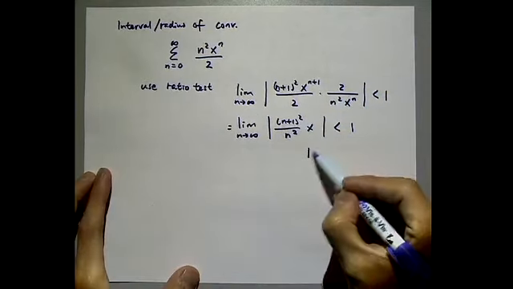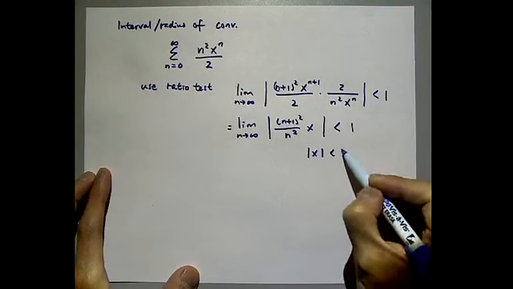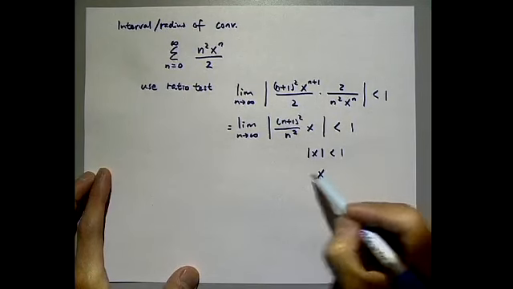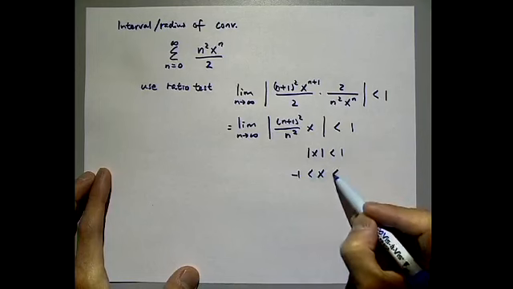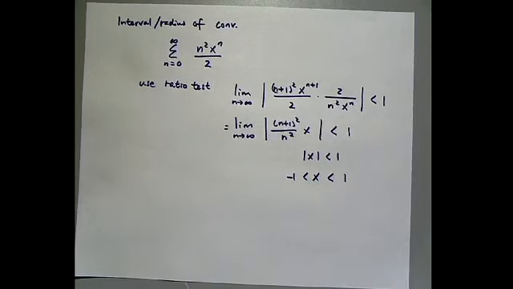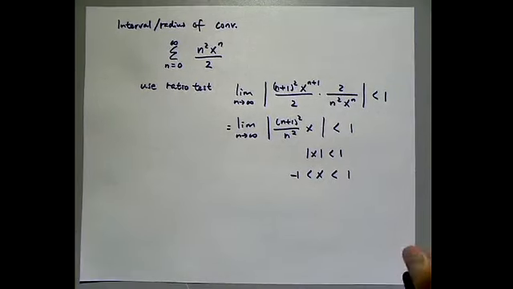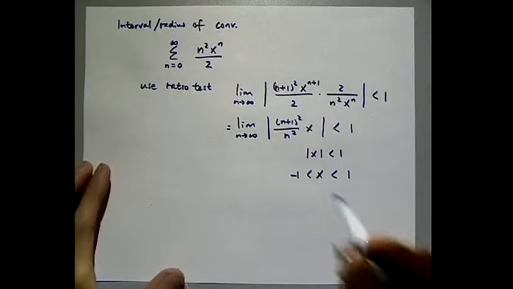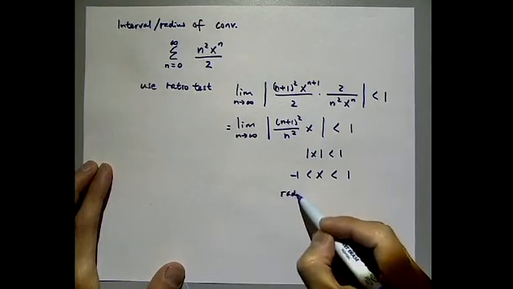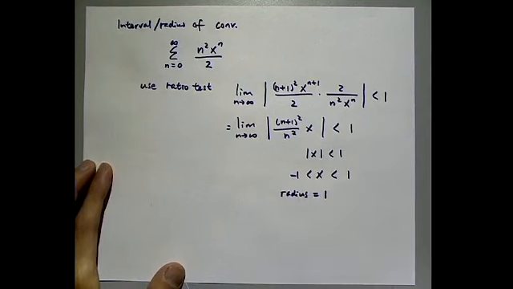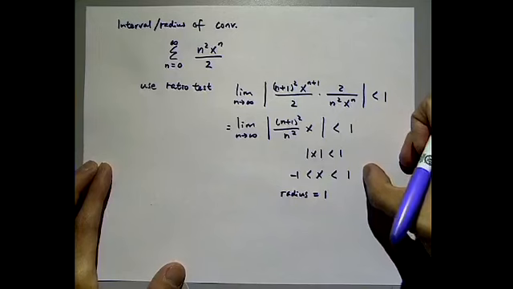So absolute value of x is strictly less than 1, which means for now we know it's going to converge within these two places. And that's going to have a radius of convergence of 1.